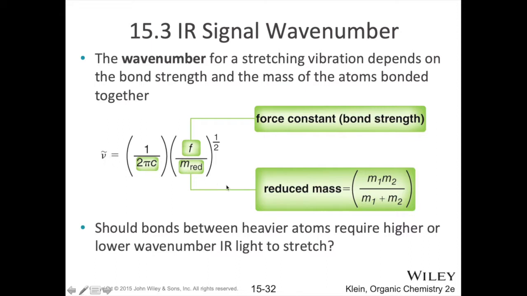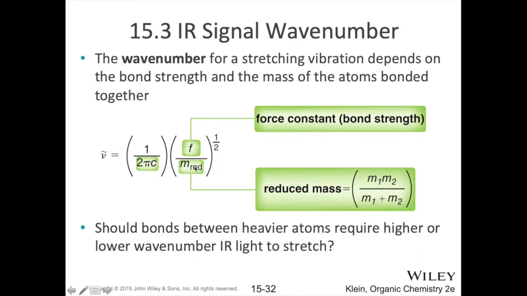Now, what is the reduced mass? Well, if we're looking at a bond between two atoms, the reduced mass is the product of those two atoms' masses divided by the sum of their two masses. So generally speaking, reduced mass is directly proportional to the mass of your atoms, and we can see that that in turn is inversely proportional to our wave number.